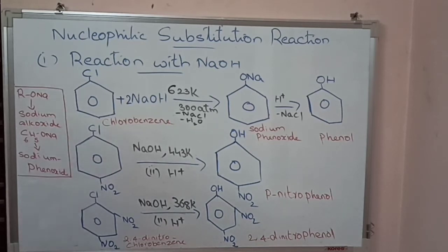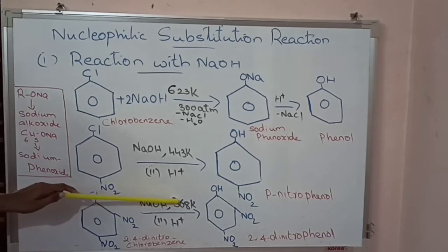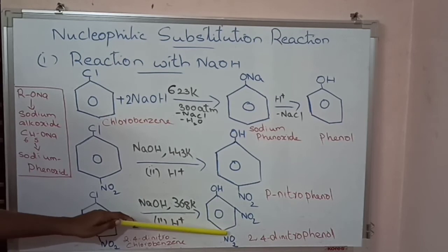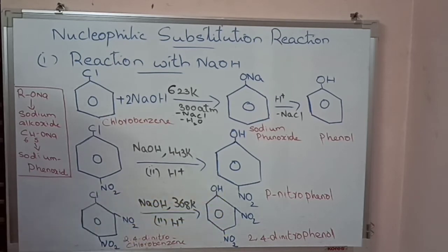Another example, 2,4-dinitrochlorobenzene. Here 2 NO2 groups are attached on the benzene, one at ortho position and another at para position. So 2,4-dinitrochlorobenzene, on treating with aqueous NaOH at 368 Kelvin followed by acidification, the product formed is 2,4-dinitrophenol.